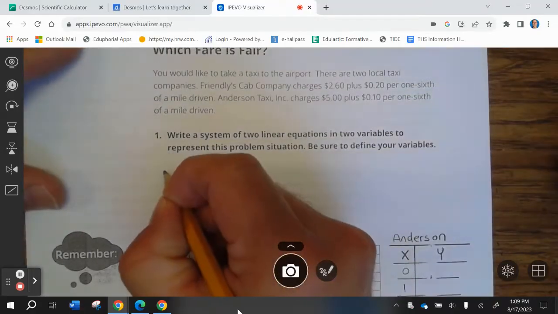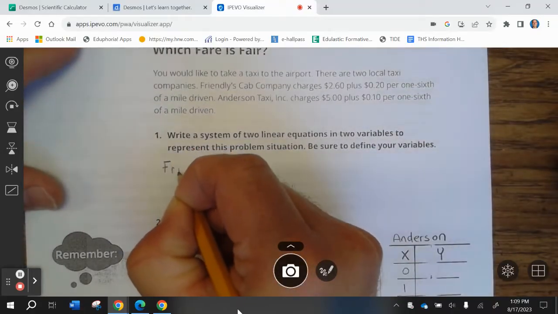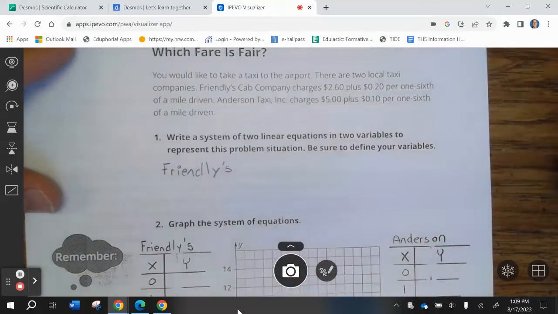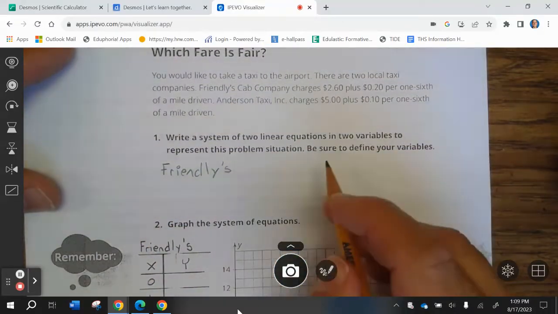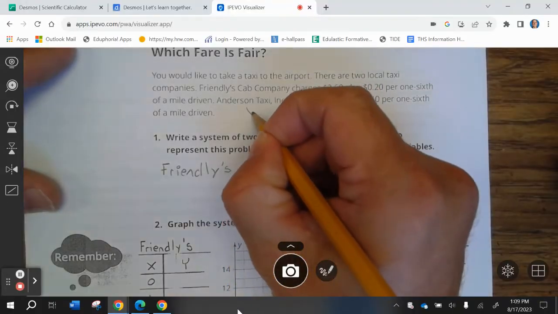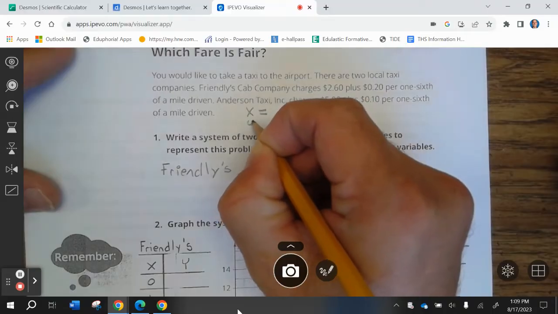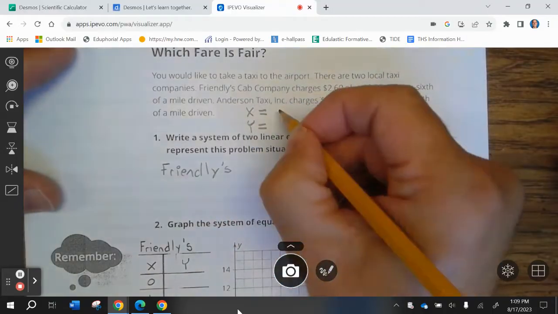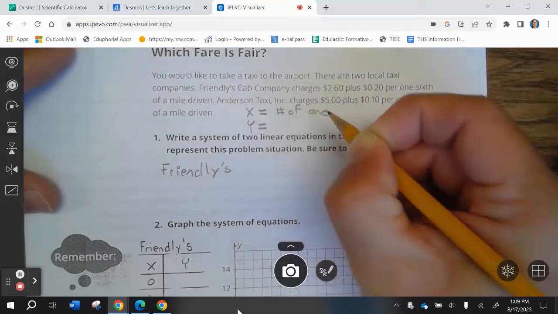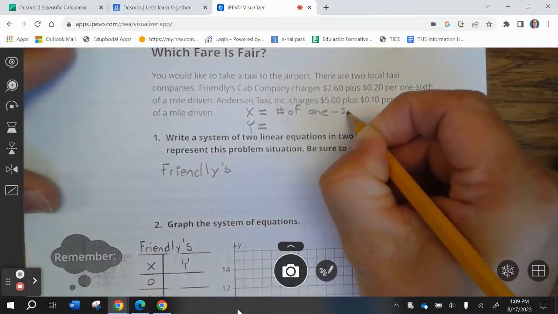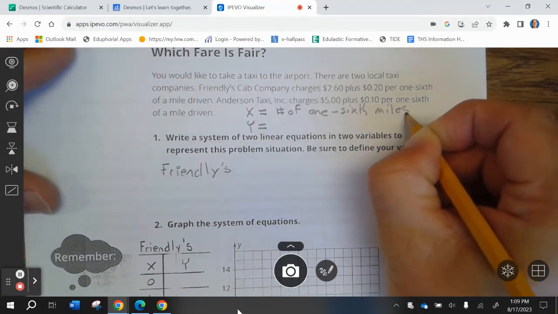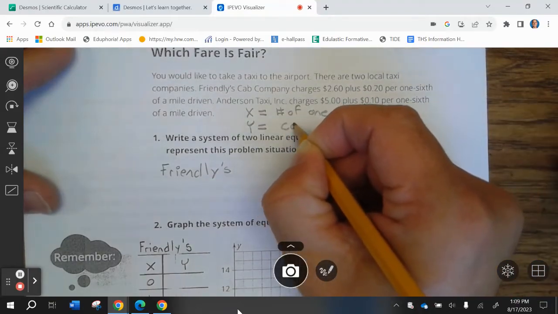So let's start with Friendly's. Well, let me take a step back. We need to define variables. So let's have x and y. X is the number of 1/6 miles, and y is the cost.